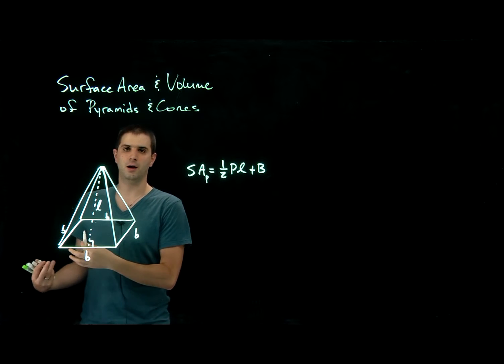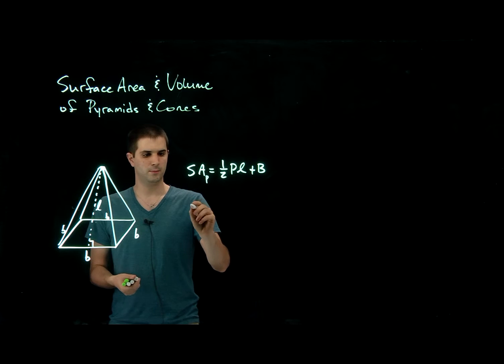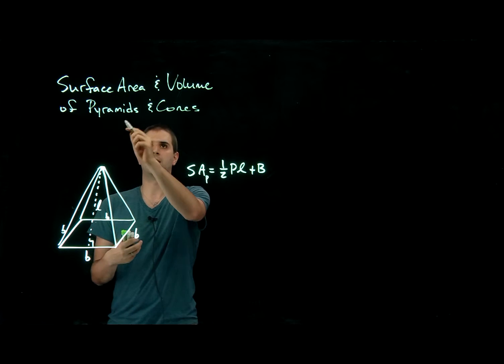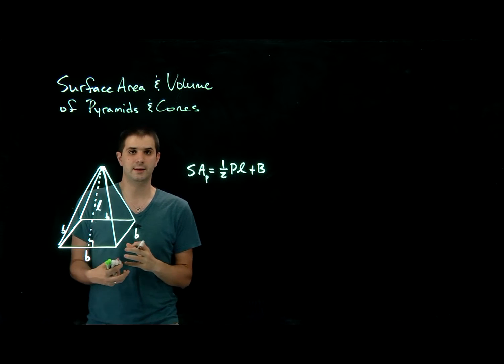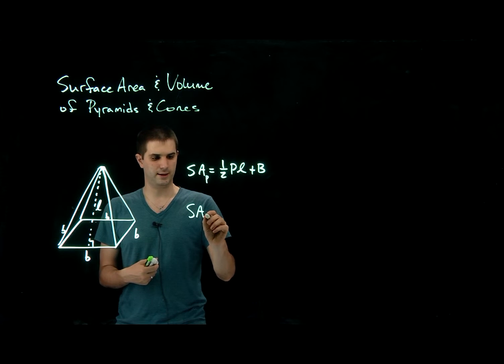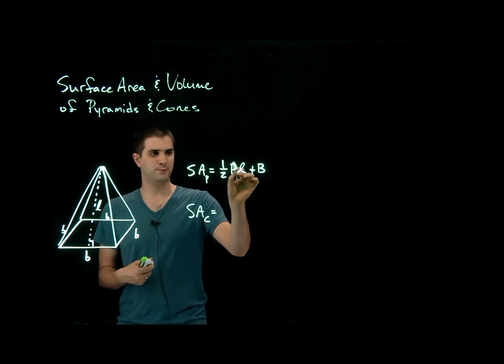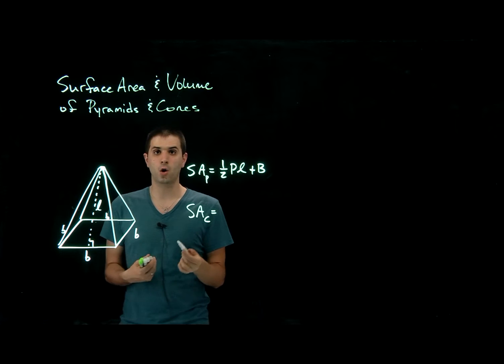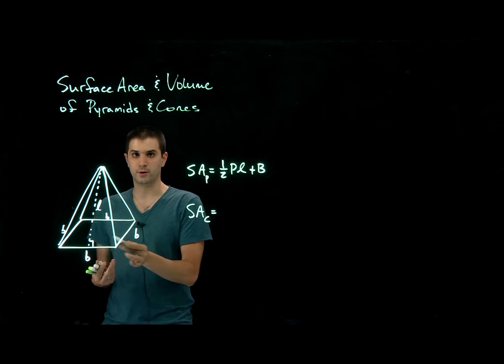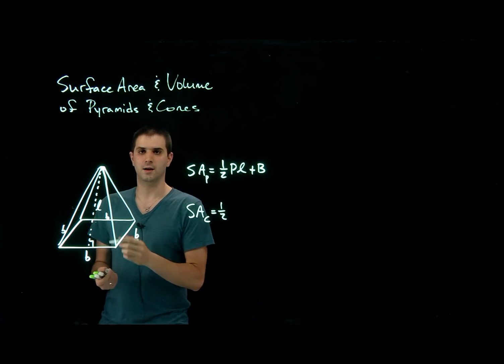In subsequent videos, we're going to be doing some problems with them. But you can think of a pyramid and a cone as very closely related cousins. So you can think about the surface area of a cone. Now instead of P, of course, a cone doesn't have a perimeter. Instead, it has a circumference.